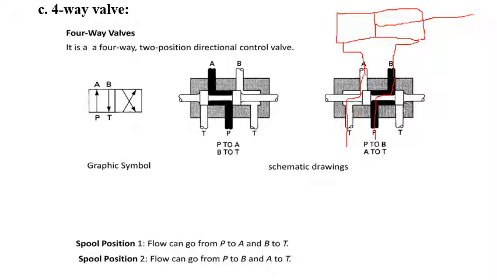The direction from P and A to T. From P towards B, it pushes the piston inward, so retraction of the piston takes place, and whatever the liquid over here, it goes like this from A port towards tank port. This is retracted position.